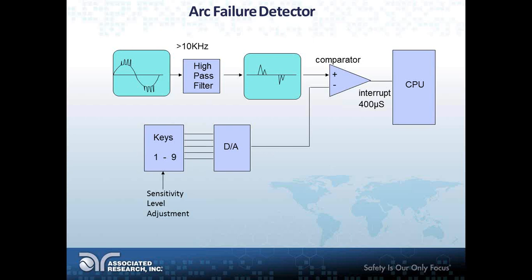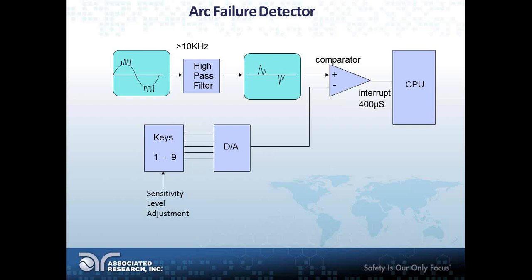Then there's a high-pass filter. The unit is looking at the leakage current wave, or the wave coming in from the return, and it's using a high-pass filter to only get frequencies above 10 kHz. As I mentioned before, these are the frequencies indicative of a buildup of corona, which is kind of a precursor to a breakdown. It'll filter out all the low waves, and now all you see are these little high-frequency peaks.